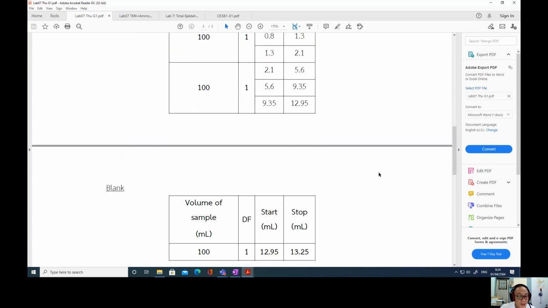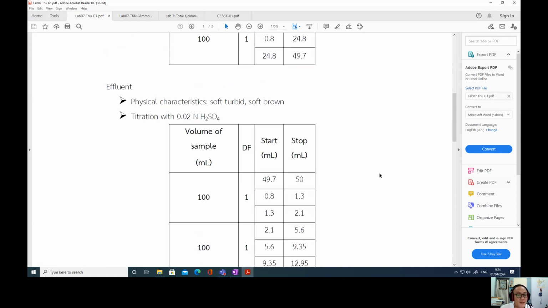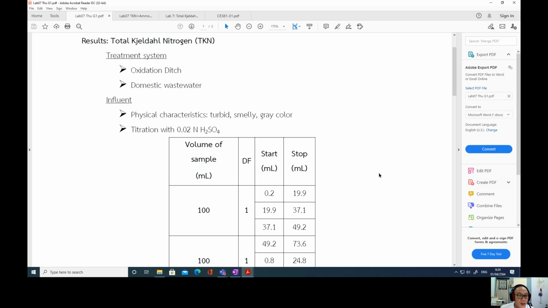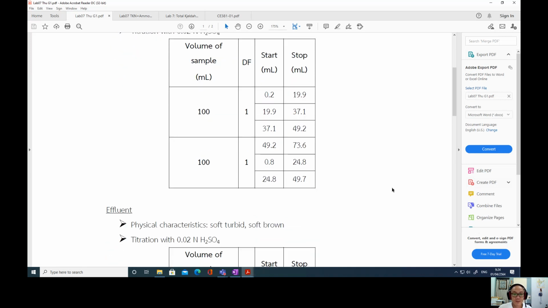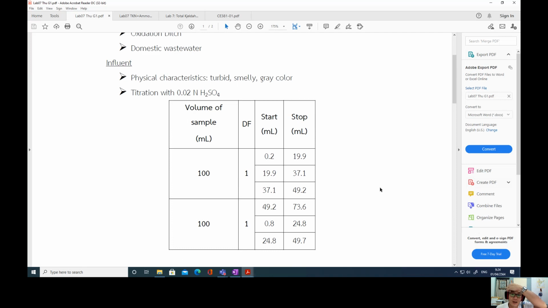There are only 2 pages for the results of this week. You can find the TKN, and you can also find the ammonia.